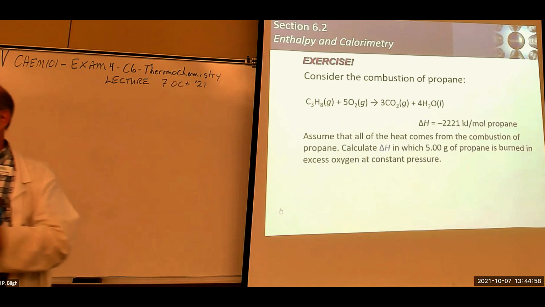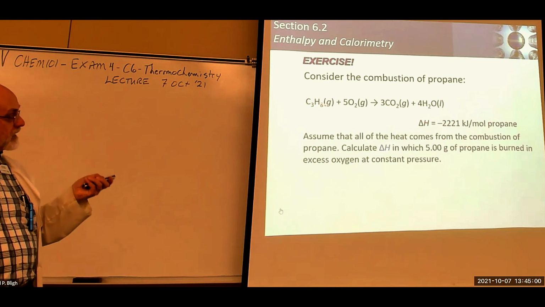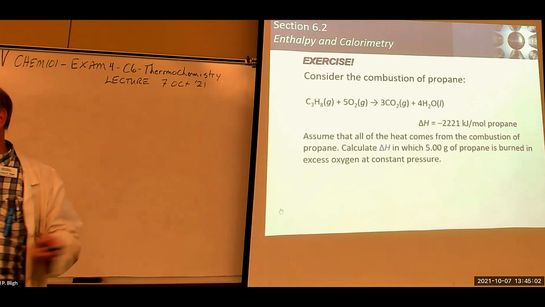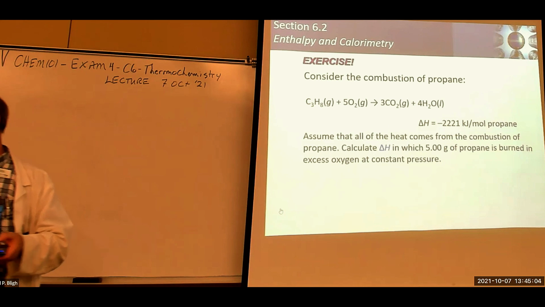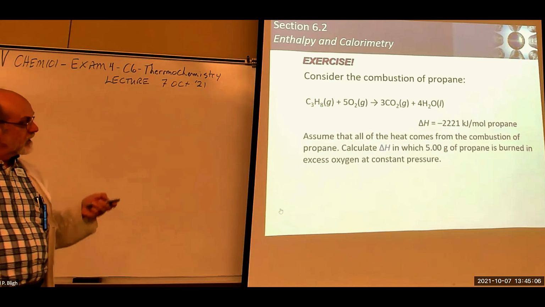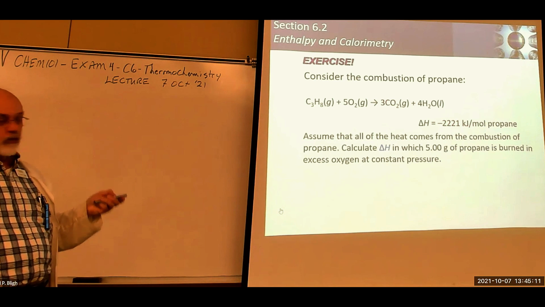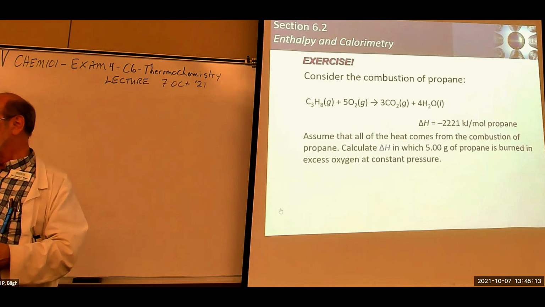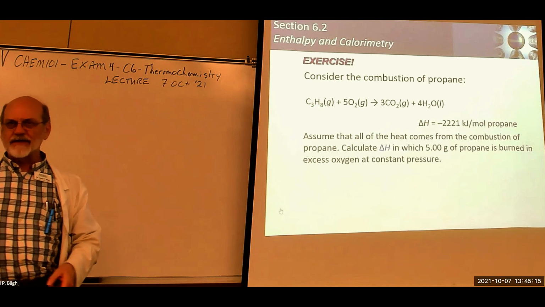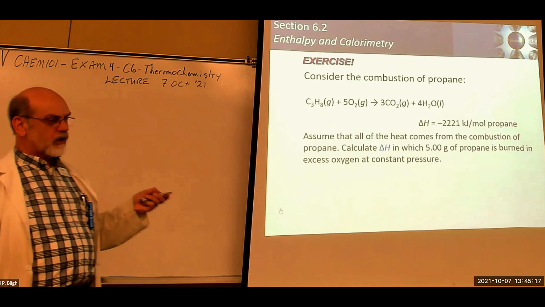Now, if you need to interpret that value in terms of propane, then it's this much per 1 mole of propane. But if you need to interpret it in terms of carbon dioxide, then it's this much heat per 3 moles of carbon dioxide. It's per, and I've seen some textbooks say per mole of reaction.